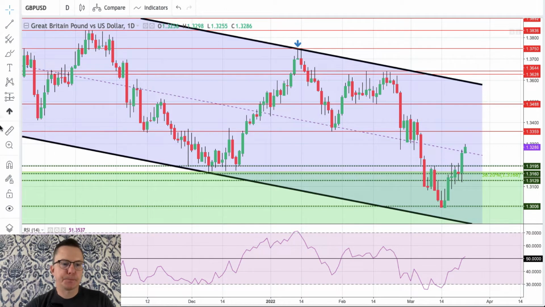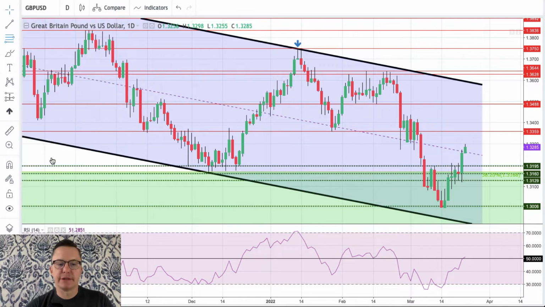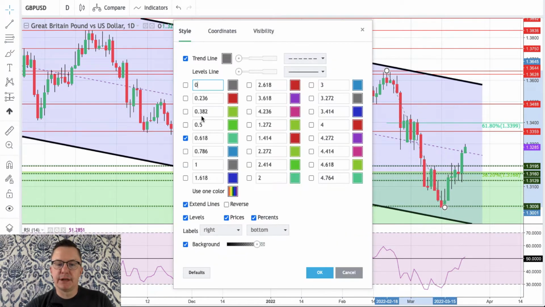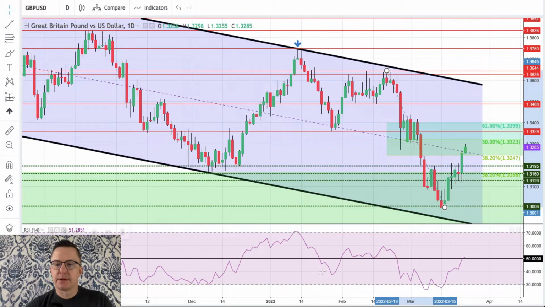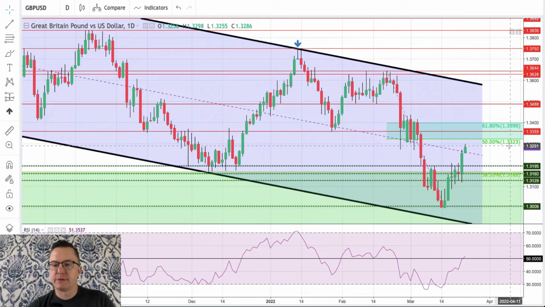If we put some Fibonacci retracement levels on the last wave down, which started at 1.3644, we can see that about 38% of this recent rally had been already retraced. So 38 is now gone at 1.3247. We are approaching 50% at 1.3323, and 61% at 1.3390.